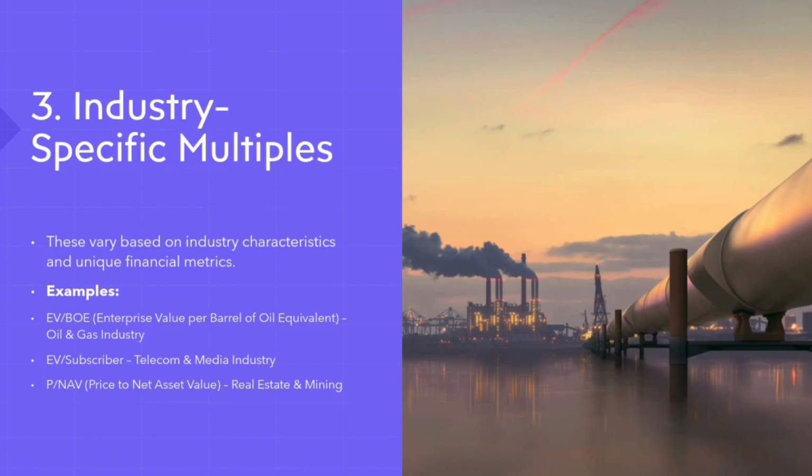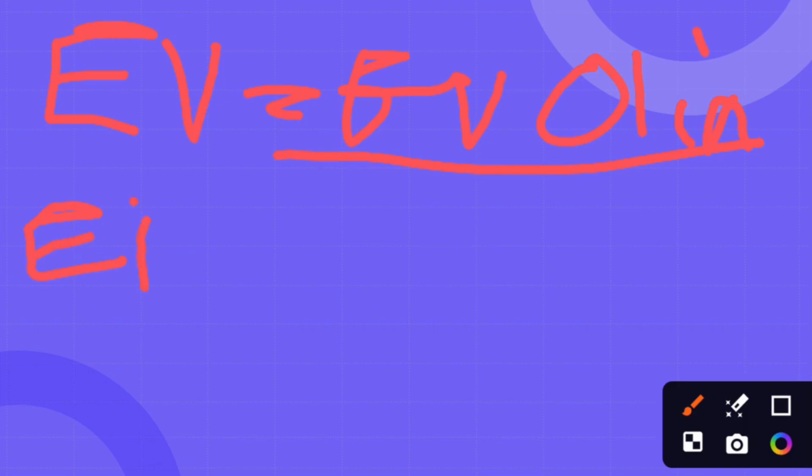EV is enterprise value. You can get enterprise value online, or calculate it by the formulas. When we get EV, enterprise value, then we need to divide it by the EBITDA.